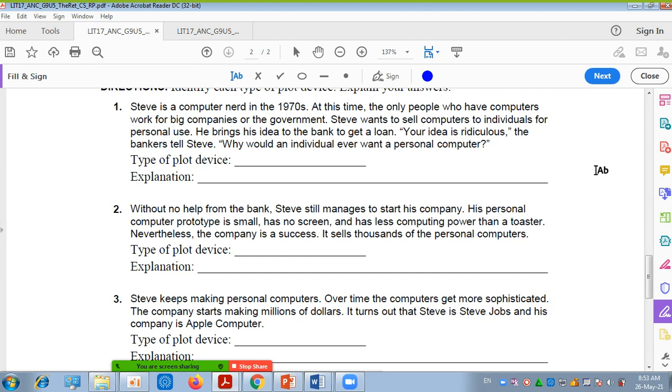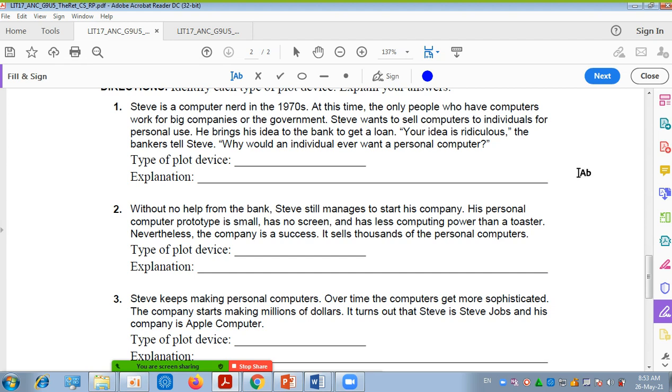The plot device that's used here actually is foreshadowing. Why? Because it tells us that Steve is a computer nerd, so he was obsessed with the computer, and it gives us a clue that these things are not going to stop him. Do you think that these things are going to stop him? No. Of course, he will fight for this. And you have to use your background about knowing Steve Jobs already. This man succeeded in his field.